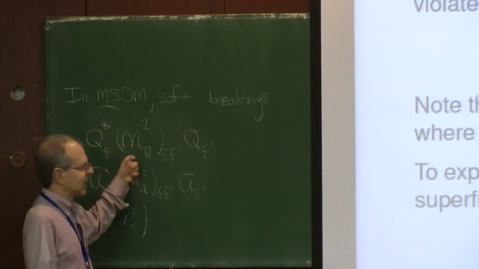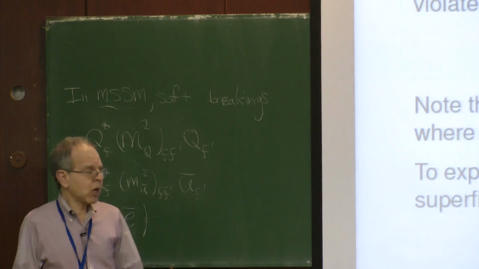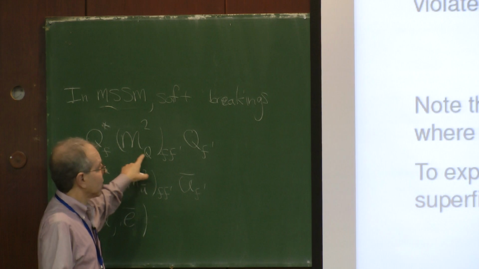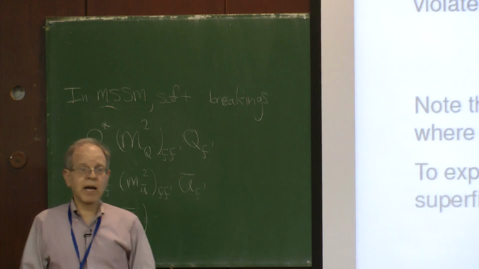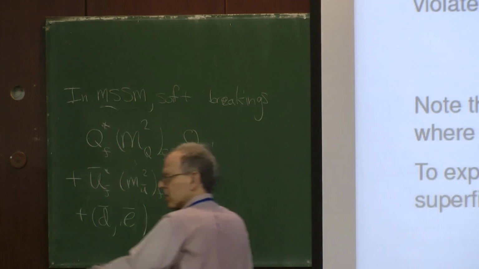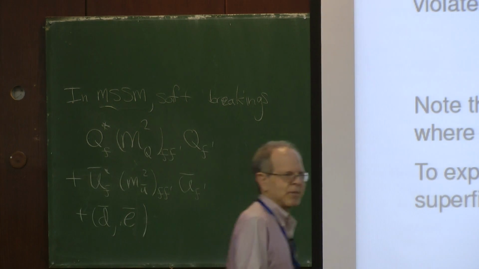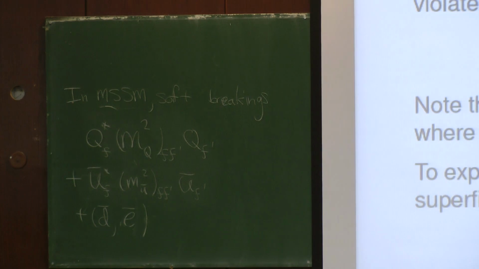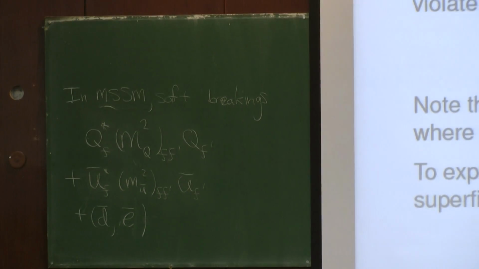Okay, and so let's in fact count. These are 3 by 3 Hermitian matrices. So how many? I have to count on my fingers. I also have to not lose this eraser. So let's count. I want to figure out how many parameters there are here.